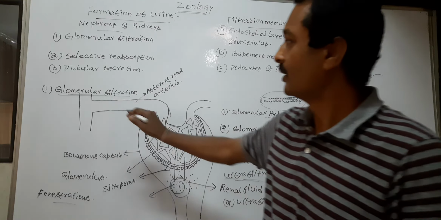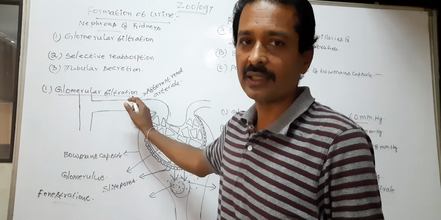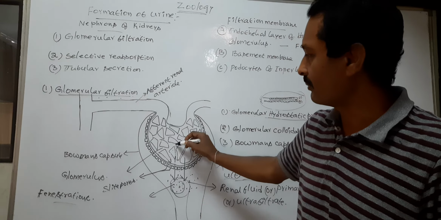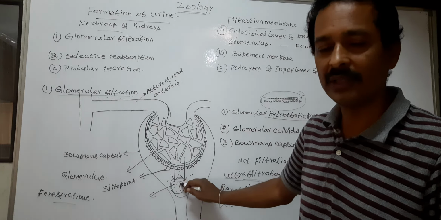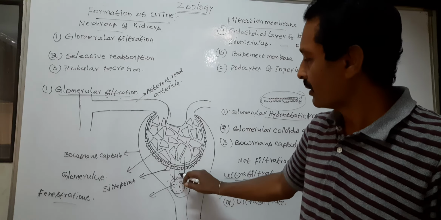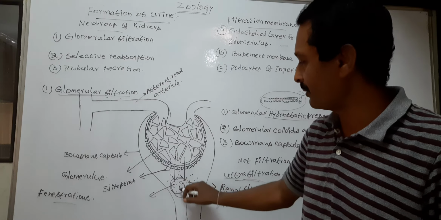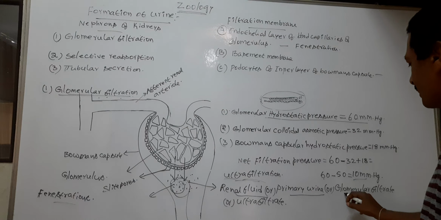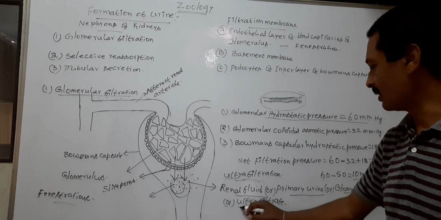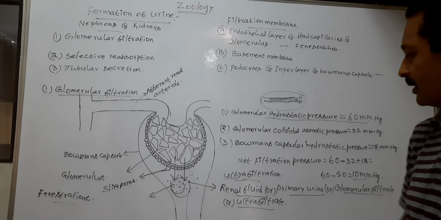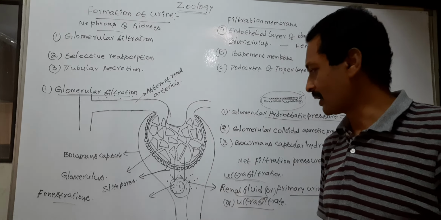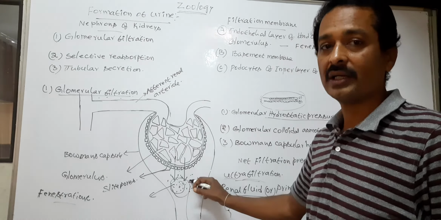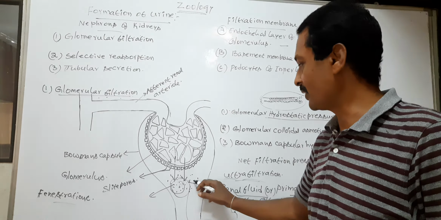So this is the glomerular filtration. After glomerular filtration, blood is filtered from glomerulus into lumen of the Bowman's capsule. The filtrate is called renal fluid or primary urine or glomerular filtrate or ultrafiltrate. It contains almost all the constituents of the blood plasma except large sized plasma proteins.